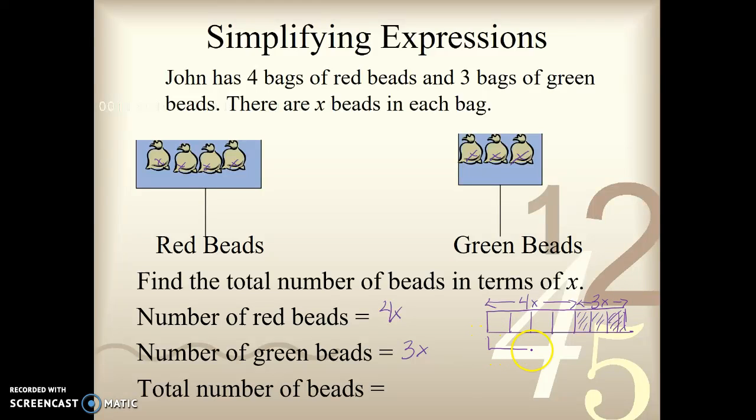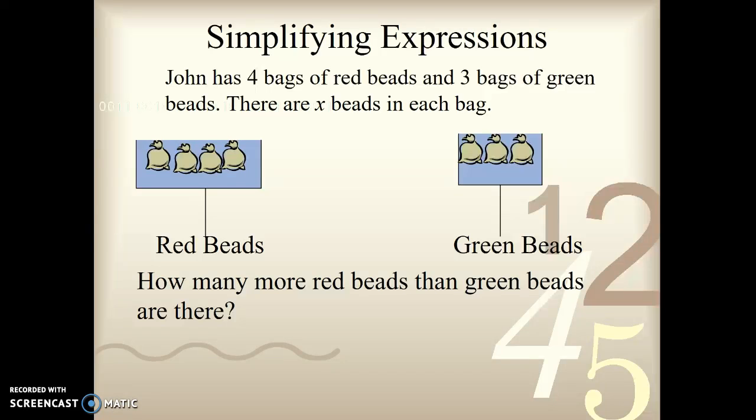And of course, all together, we have 4x plus 3x. We have 7x bags of beads. So we would write that like this. So 4x plus 3x equals 7x beads.